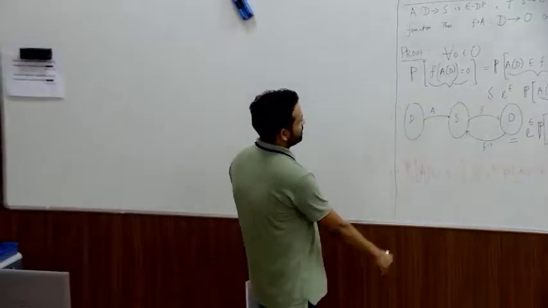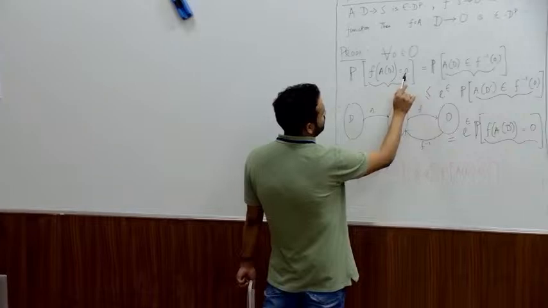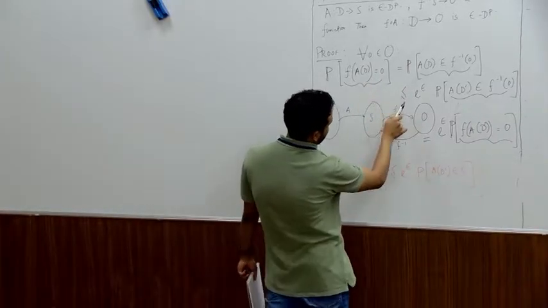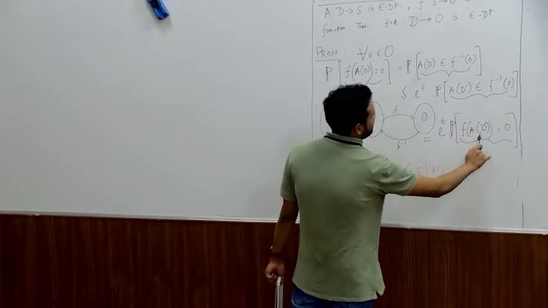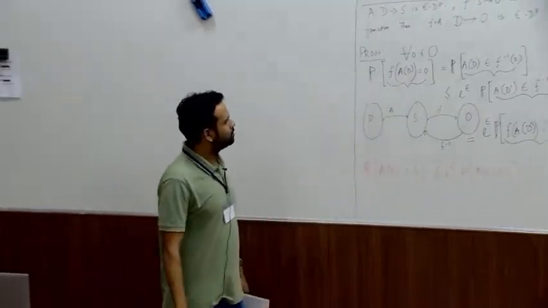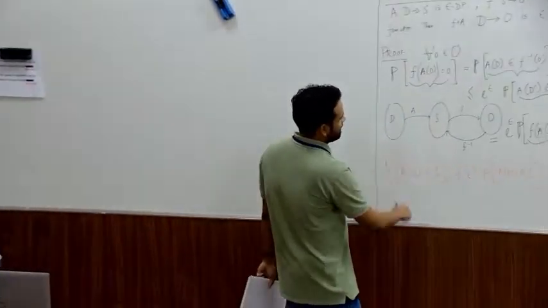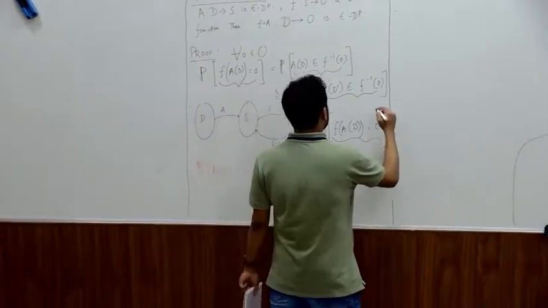So we started from the probability that f(A(D)) equals o, and now we have that it is less than or equal to e to the power epsilon times the probability that f(A(D')) equals o. So this proves that f of A is differentially private.